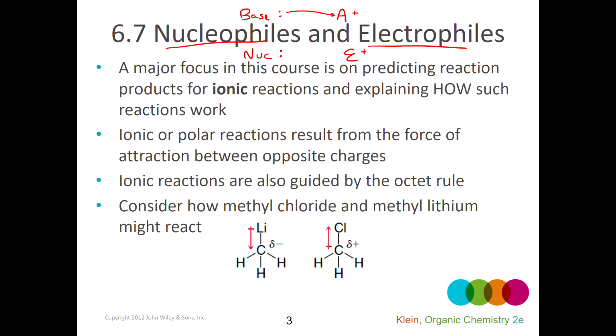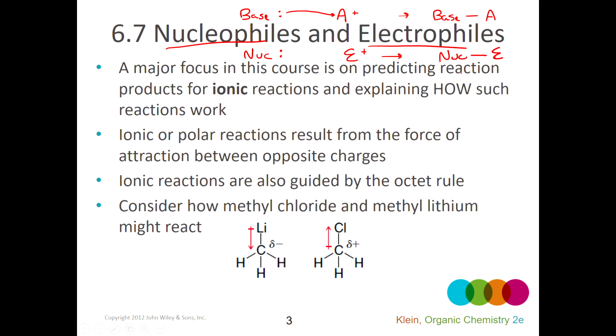So we're not talking about transfer of electrons. We're talking about sharing electrons. So really, when a nucleophile or a base attacks an electrophile or an acid, what's happening is simply a new bond is forming between them. And so that's the simplest example where a new bond would form between the nucleophile and the electrophile.